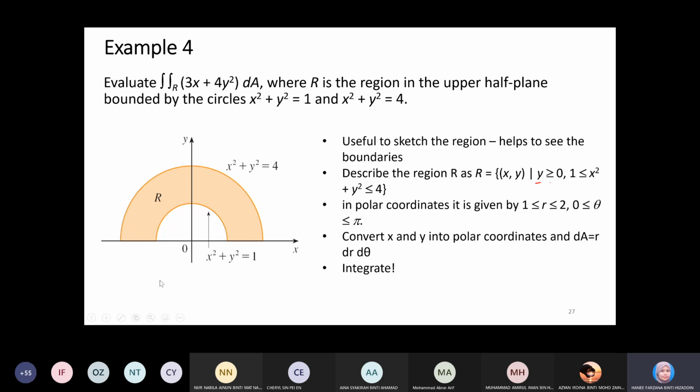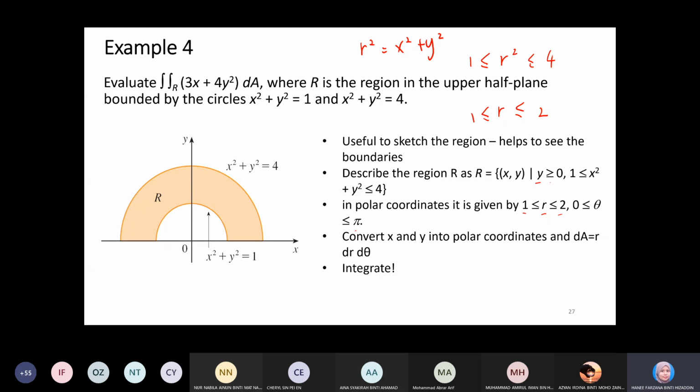Nothing lies below. And x squared plus y squared is actually r squared, as we've seen previously, so r squared lies between 1 and 4. So r is between 1 and 2. In polar coordinates, r lies between 1 and 2 and theta is from 0 until pi because it's a semicircle.